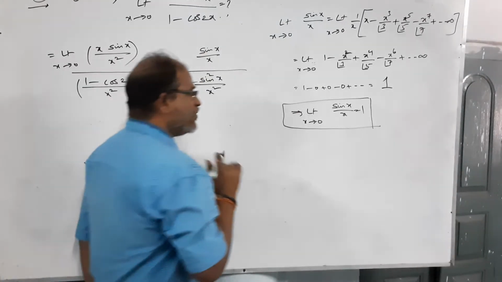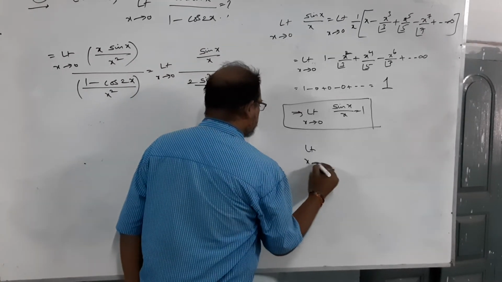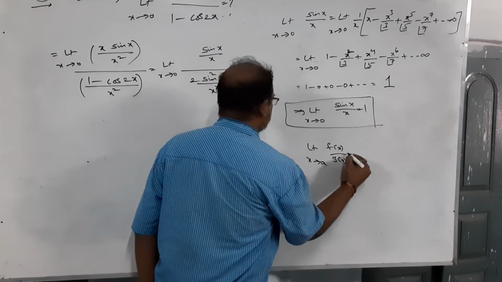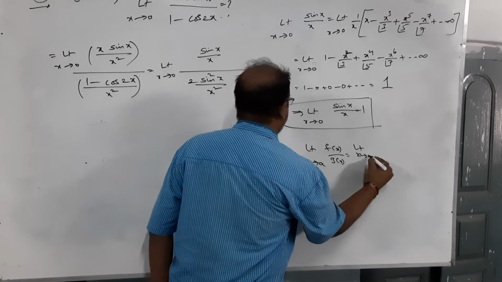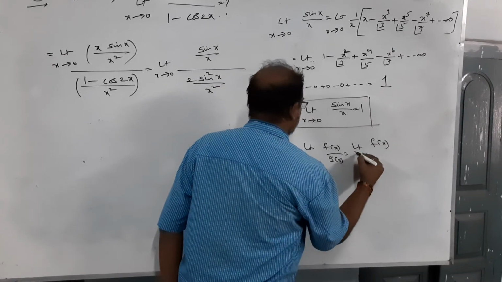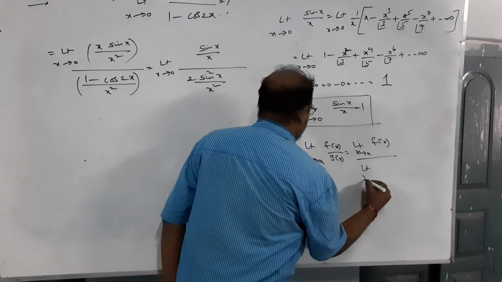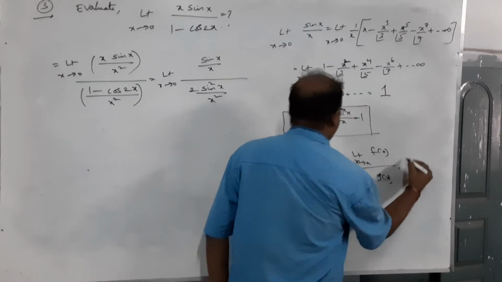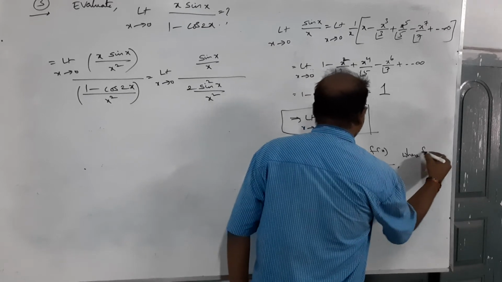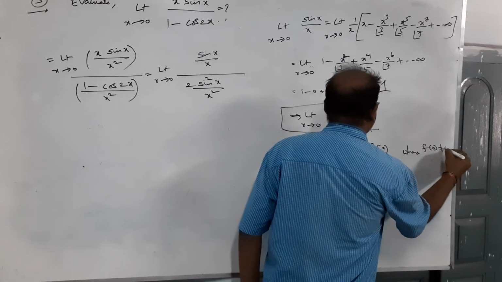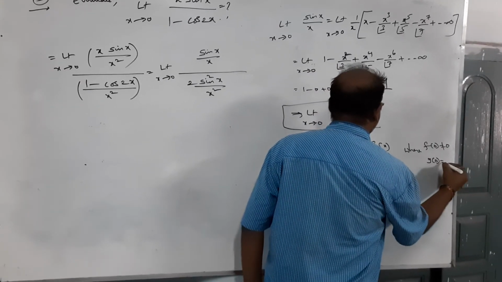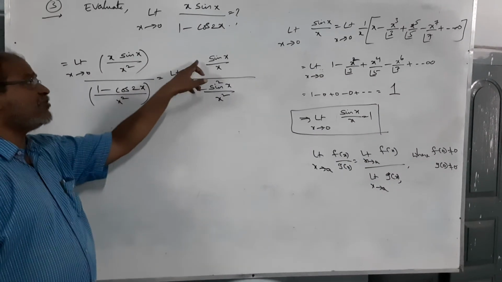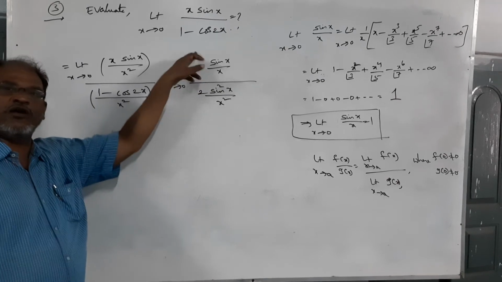There is a formula in basic limits: limit x tends to a, f of x by g of x equals limit x tends to a, f of x by limit x tends to a, g of x, where the limits of f and g are not equal to 0 individually.